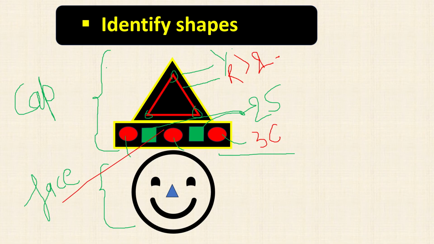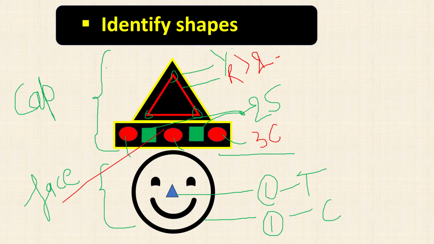Now about the face: how many triangles are here? One triangle and a circle. Her face looks like a round shape, so it's considered one circle, one triangle. T stands for triangle, and again one circle. C stands for circle.